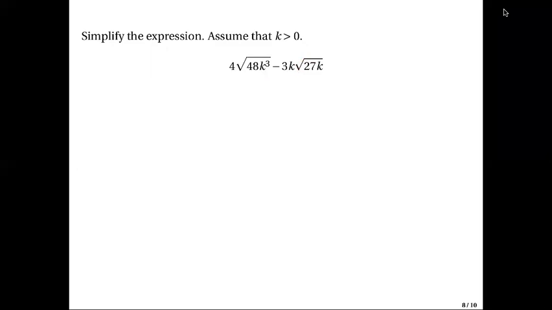Now, for this, let us try to simplify the expression here. Note 48 is equal to 16 times 3. So if you get the square root of this, you'll just get 4 square root of 3.